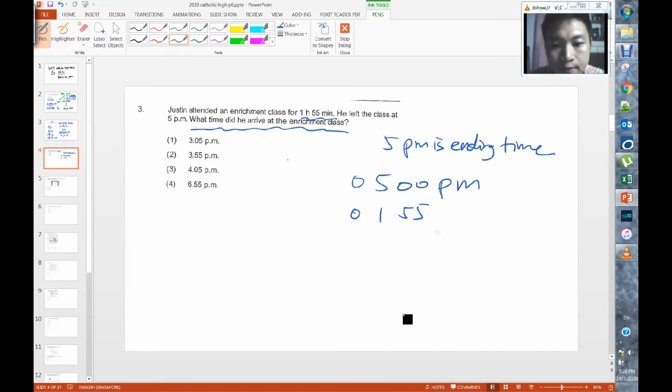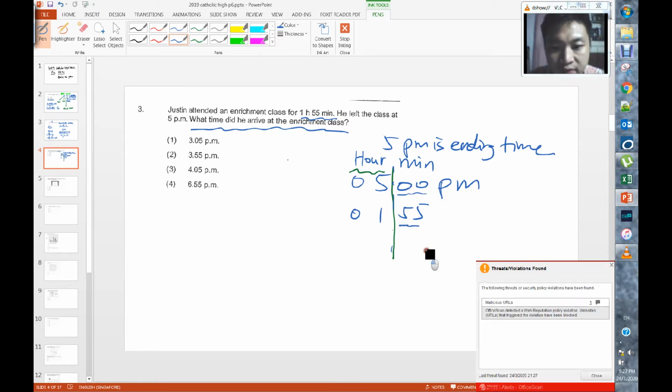right? By the way, this is the hour portion of the time, and this is the minute portion of the time. You clearly see that the minutes here can't minus 55.